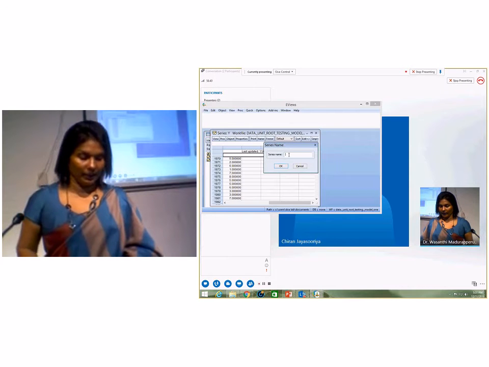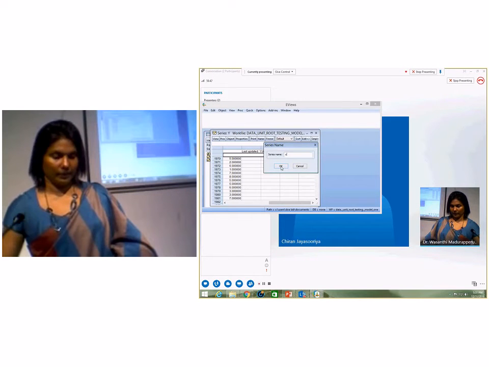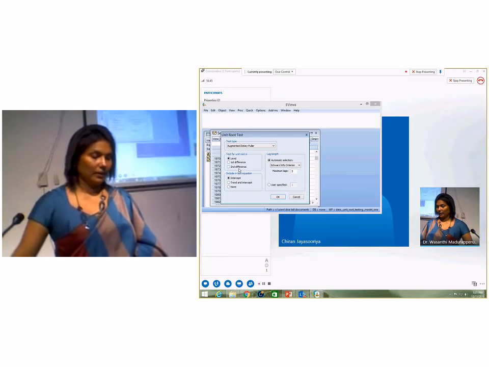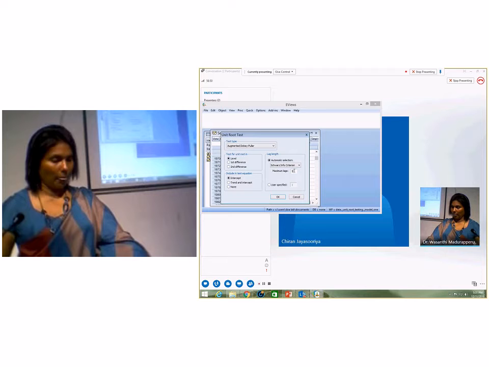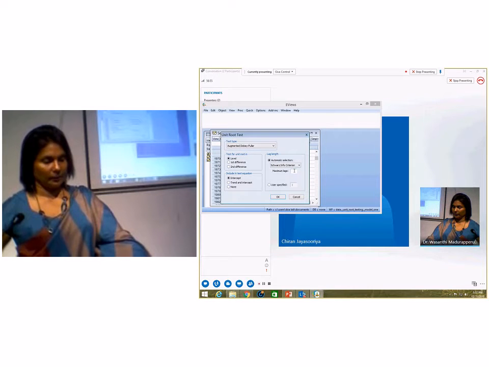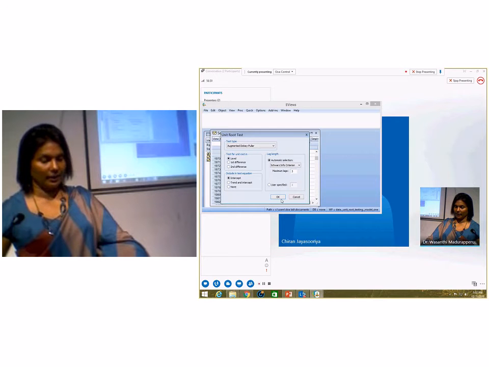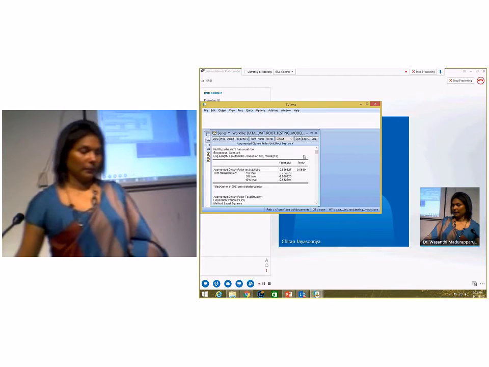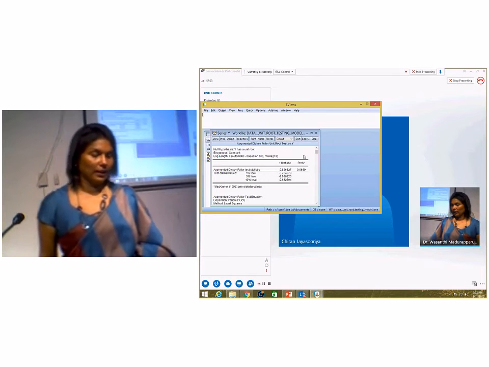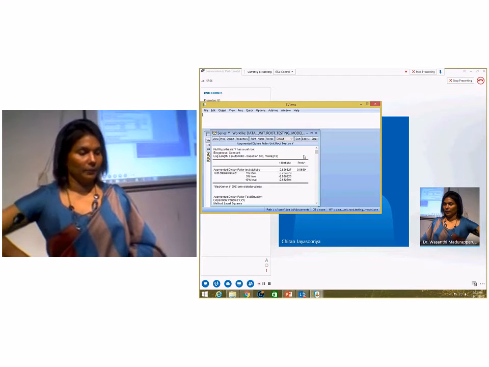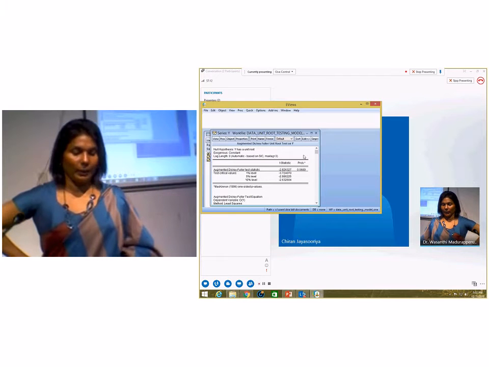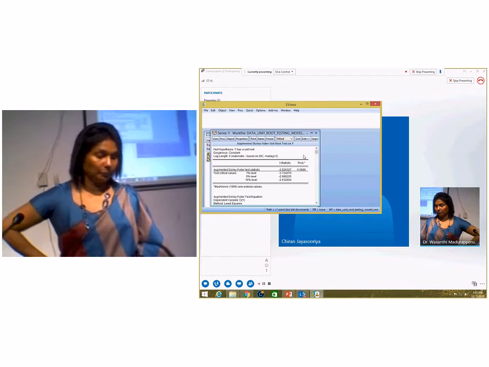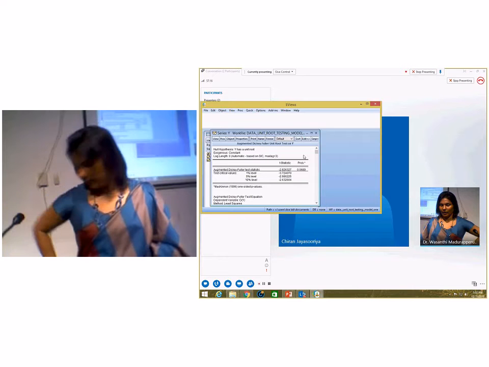Our variable is Y. Then the maximum lag length.